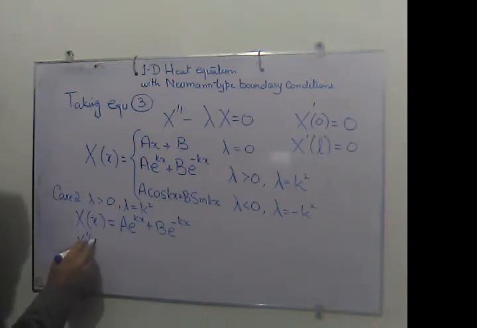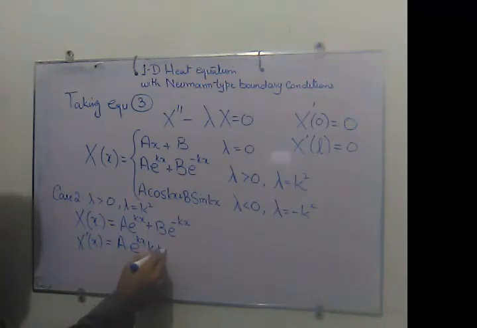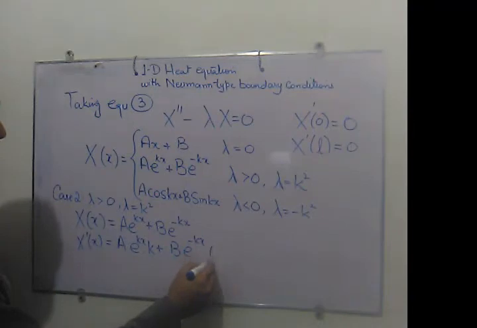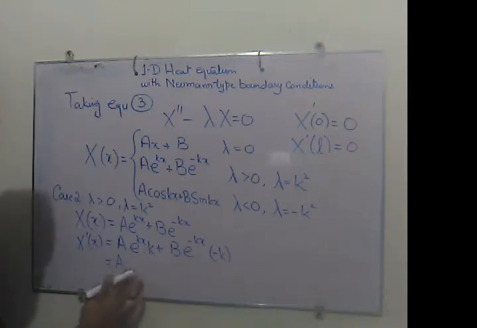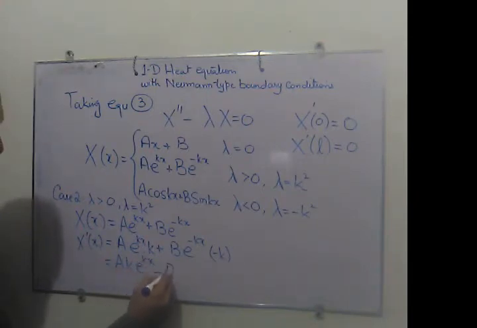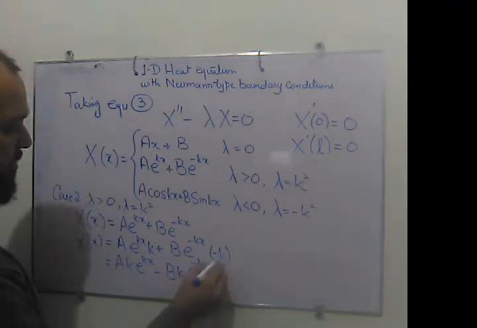So the first derivative with respect to x makes the general solution a exponential kx times k plus b exponential minus kx times minus k. We can rearrange it: a k exponential kx minus b k exponential minus kx.